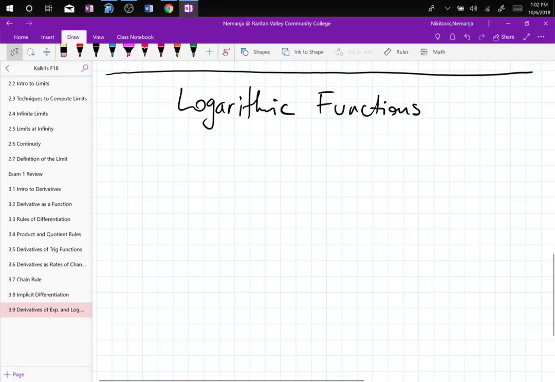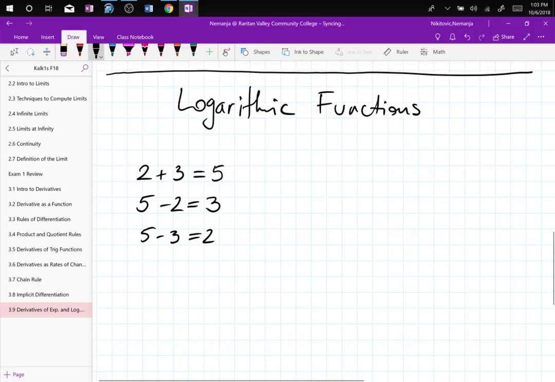Let's first do an exercise that covers a lot of math. 2 plus 3 is? Someone, please. And then I go 5 minus 2 is? And 5 minus 3 is? Yay, right?